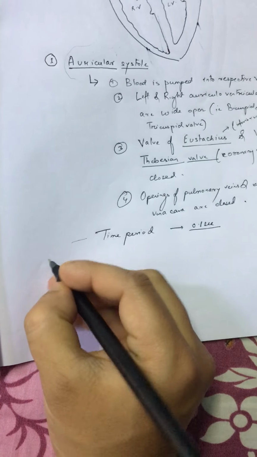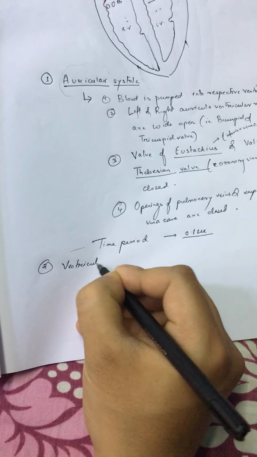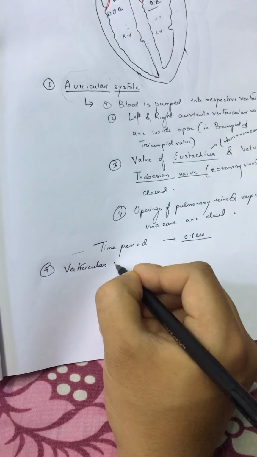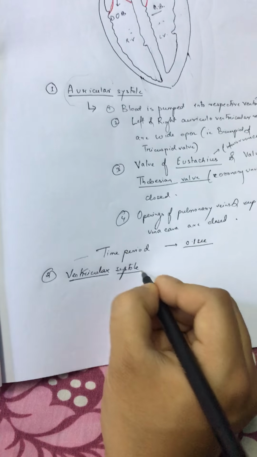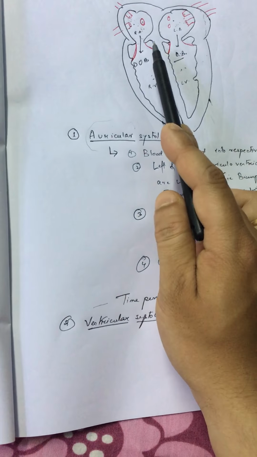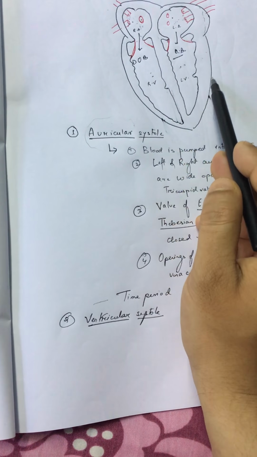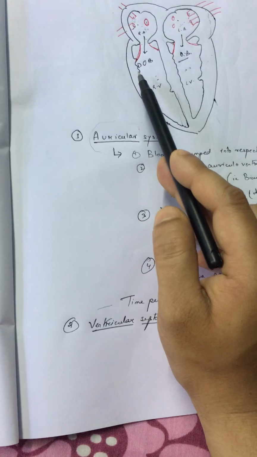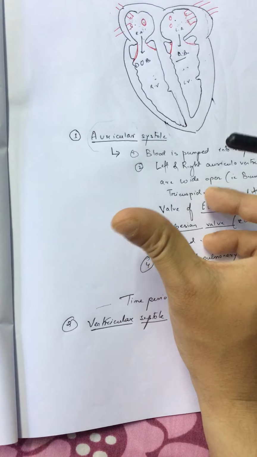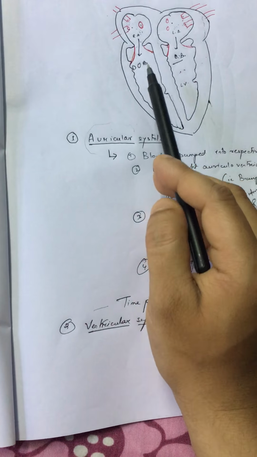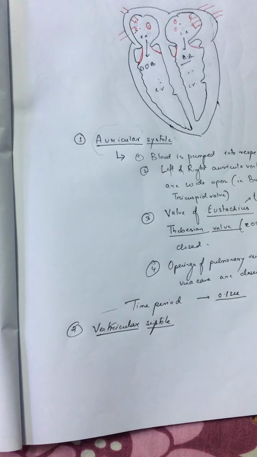Now let's see about the ventricular systole. Once the ventricle is filled with the OB and the DOB blood, and once the impulse travels from the AV node through the bundle of His to the left and right bundle branches and to the Purkinje fibers, and covers the entire ventricles, then the ventricles contract. What changes are observed during ventricular systole?